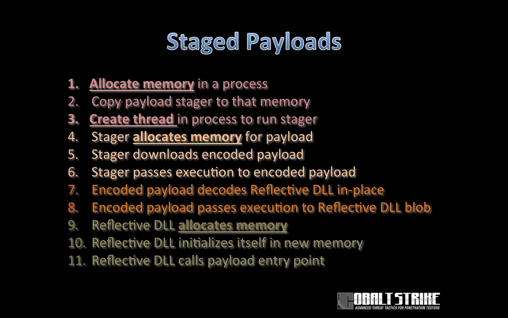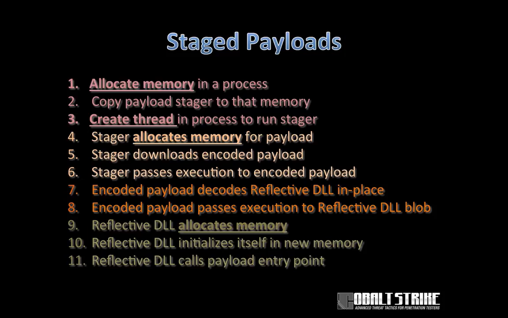So right away, allocate memory, create thread. Everything we're talking about in this course involves the properties of processes, threads, and memory. So it should be a big red flag to you. Those things are important. That artifact is responsible for a lot.